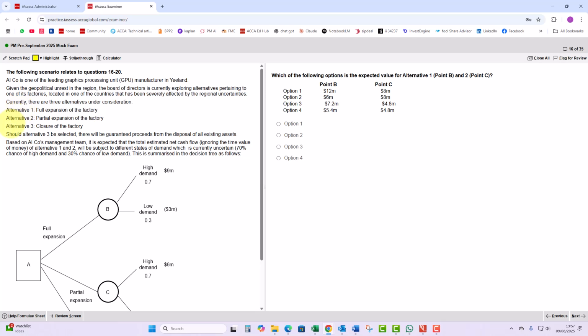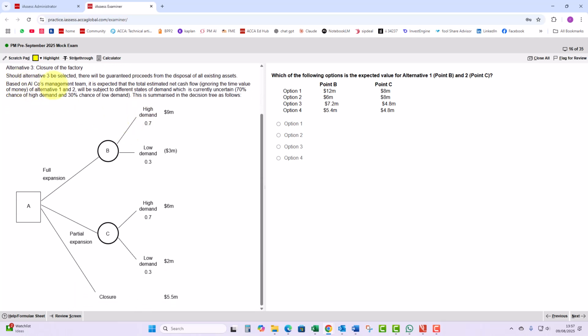Alternative 2 is partial expansion. Alternative 3 is closure. Should alternative 3 be selected, there'll be guaranteed proceeds from the disposal of all existing assets. Based on Alco's management team, it's expected the total estimated net cash flow, ignoring the time value of money, of alternatives 1 and 2 will be subject to different states of demand, which is currently uncertain, and there's a 70% chance of high and a 30% chance of low demand. This is summarized in the decision tree below.